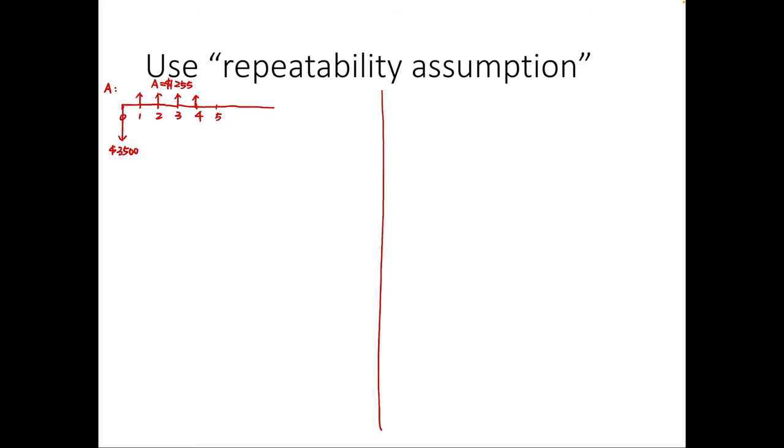So 5, 6, 7, 8. This is another cycle, but you need to pay the same price for the same equipment. So at the end of the first cycle, you need to pay the same 3,500 for the same equipment. And then every year after that, you're gonna have the same annuities.